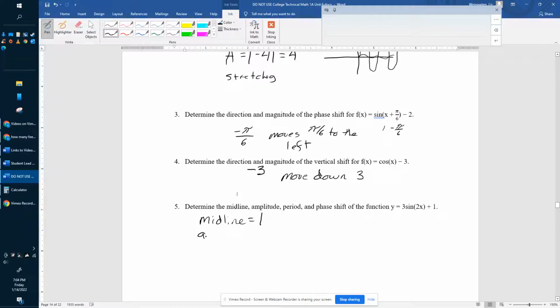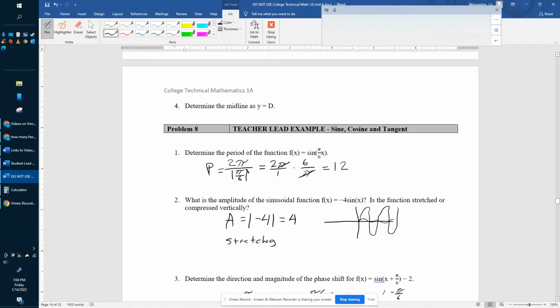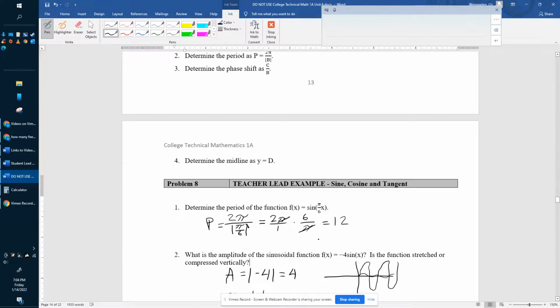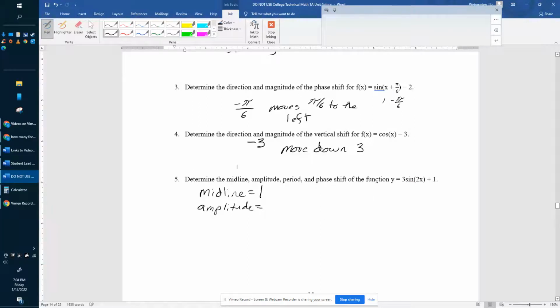How about the amplitude? Let's look up here again. The amplitude is the absolute value of a. a is on the outside of the sine function. a is 3, so the amplitude is 3.